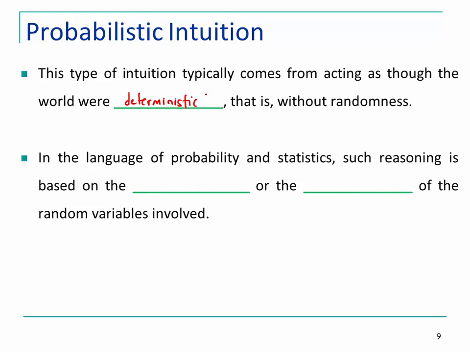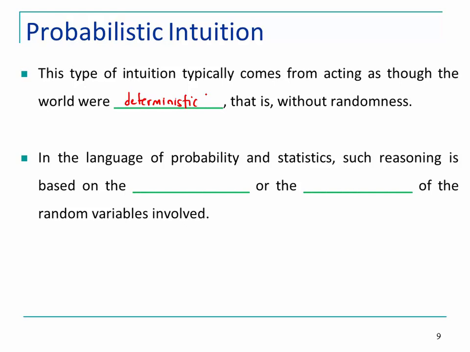If you're going to take a deterministic approach in terms of predicting what's going to happen the next week, one type of analysis that you can do is that maybe the same demand is going to be repeated the next week. So on Mondays I'm going to have 5, on Tuesdays I'm going to have 10, and so on. So no variability involved in that analysis. That's what we call a deterministic approach. So we are not taking into consideration any type of randomness when we are making these conclusions. We are thinking about just having that single number, and we're going to base our analysis on that single number.